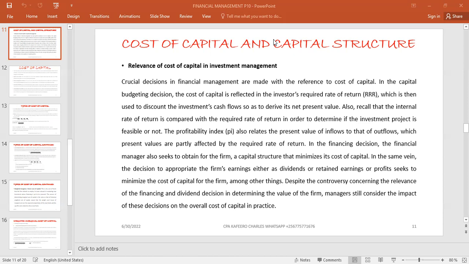And that's what we base on to compare the profitability of the business, whether to take up the project or to ignore.